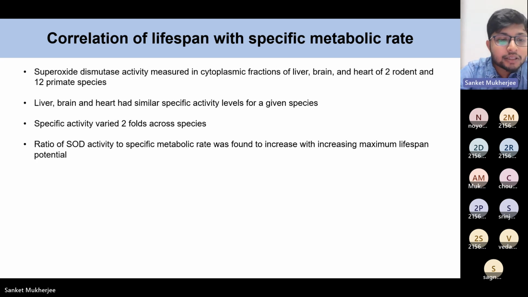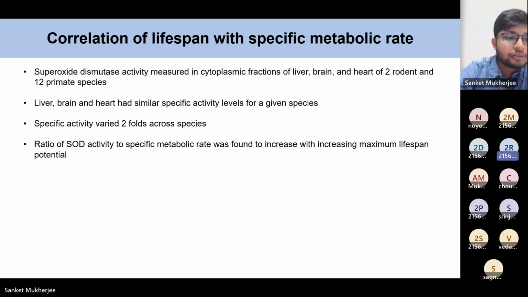Another very interesting thing is that the ratio of SOD activity to specific metabolic rate was found to increase with increasing maximum lifespan potential. So what does this mean? That if the maximum lifespan of an organism is more, then the SOD activity will also be more in that organism. Is that clear so far?